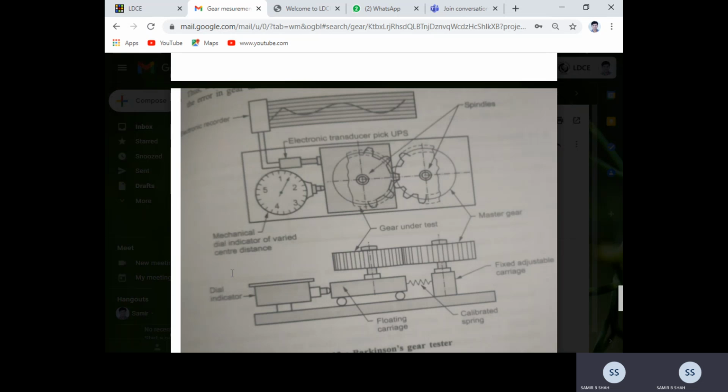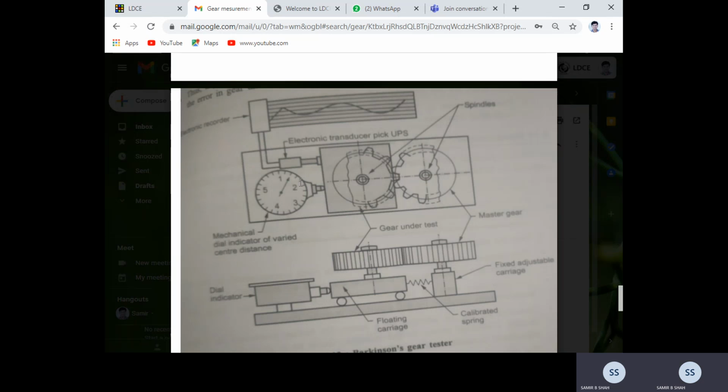The gears are maintained in mesh by using spring pressure, which you can see here in the figure. If a spring-loaded pair of gears in close mesh is rotated, then any error will cause a variation of center distance. Thus, any movement of the floating carriage is indicated by a dial gauge, which shows the error in the gear under test. Whatever error we get is shown directly on the dial indicator.